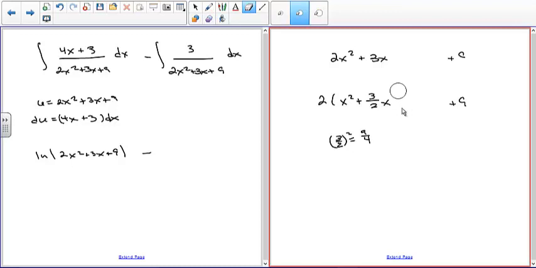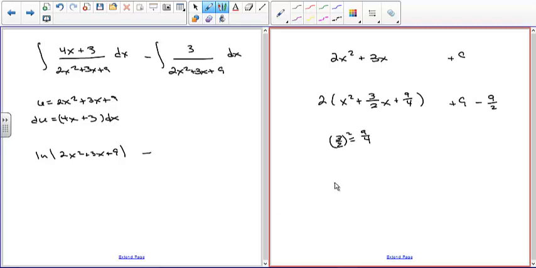So let's make some space for that. You would add 9/4 to the quadratic expression here. But we're multiplying by 2, so that would really be 9 halves. So if you take 2 divided by 4, you get a half. So we're really adding 9 halves, so you'd have to subtract 9 halves.